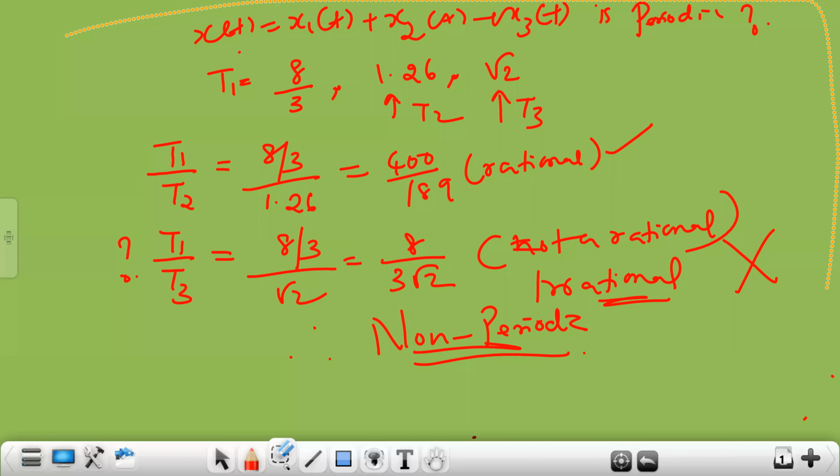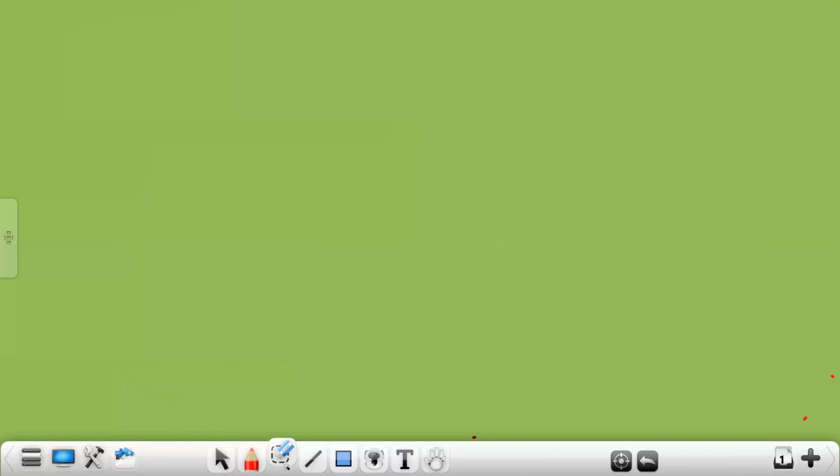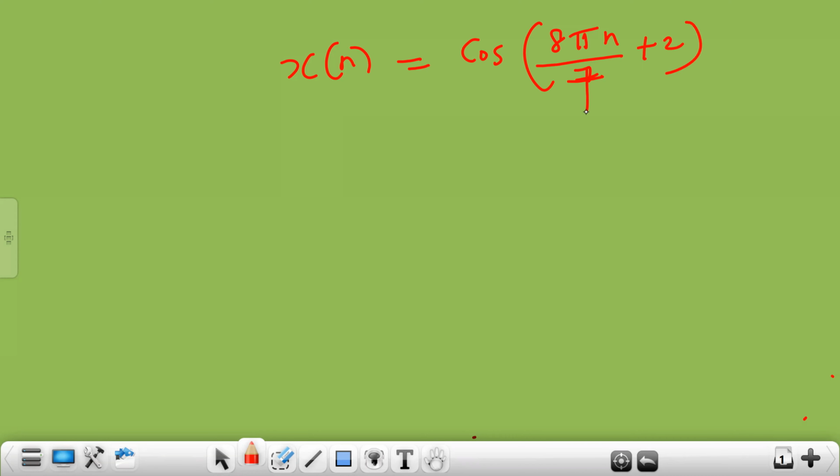Next question. Given x of n equal to cos of 8 pi n by 7 plus 2.